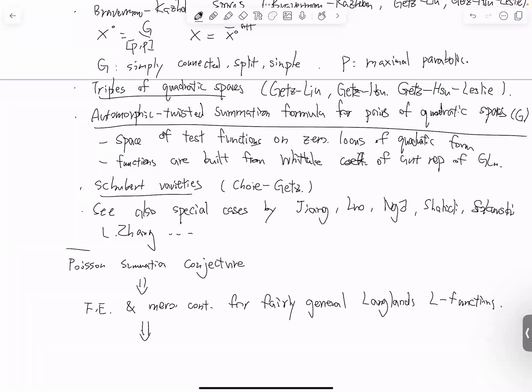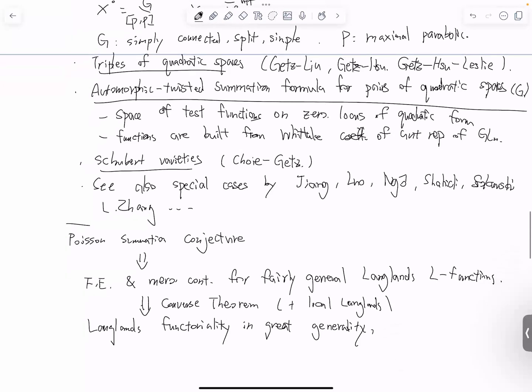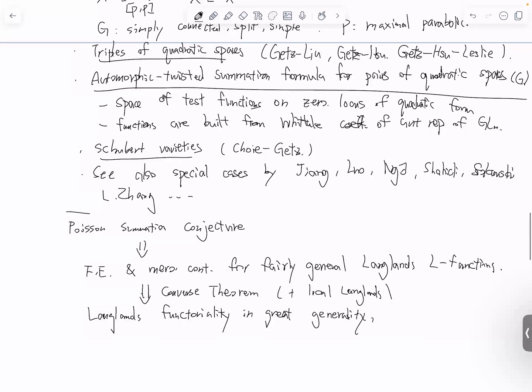And using the converse theorem, also plus local Langlands, we should then get Langlands functoriality in great generality. So this is why we want to study this Poisson summation conjecture for spherical varieties: to hope that we can prove Langlands functoriality this way.